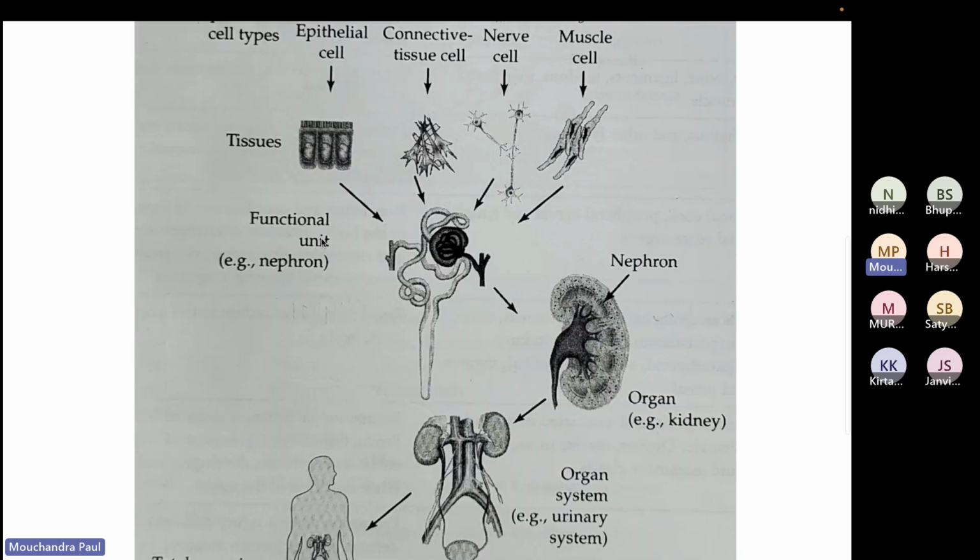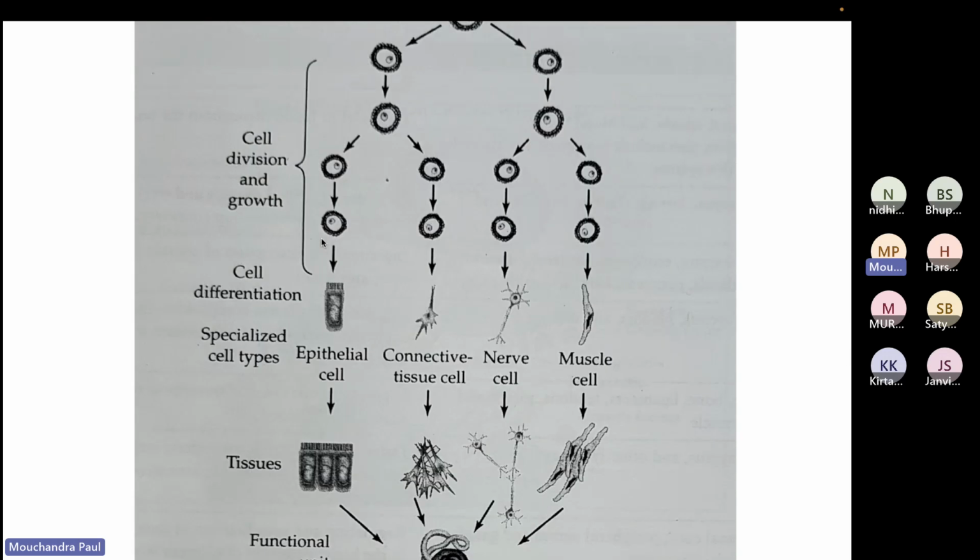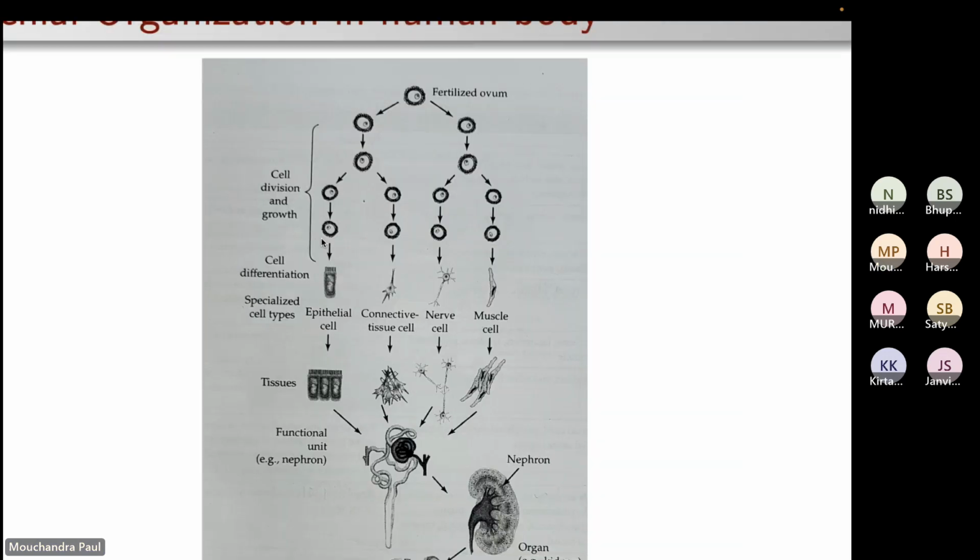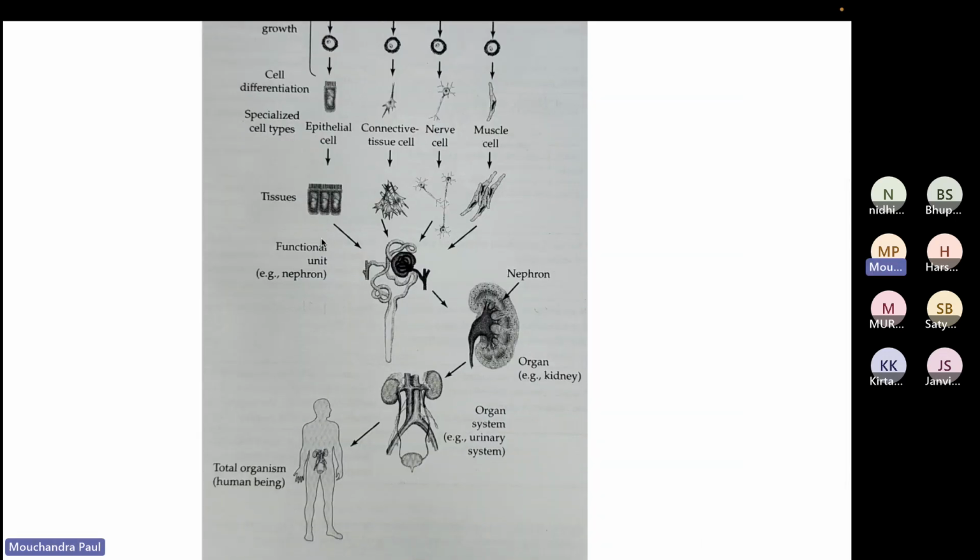So this is the hierarchical organization of our body. Okay. So now you can understand why knowing the cell numbers is important, so that you can imagine the scale of the magnitude of the things going on inside our body. And if in future you want to design a tissue, you have to take those things into account.